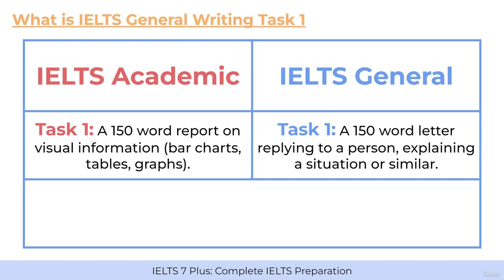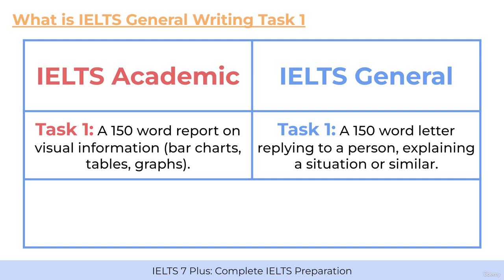What we do for IELTS Academic is we use language to report data and trends over a period of time. And often people feel that the academic writing Task 1 test is a bit more tricky than IELTS General. And I might agree with that in some respects.